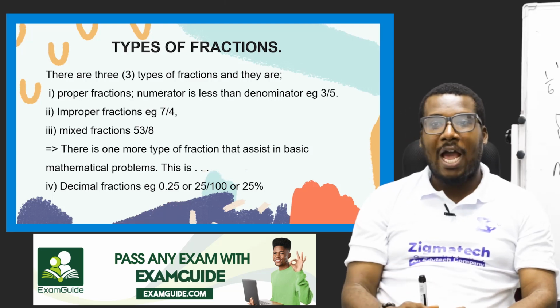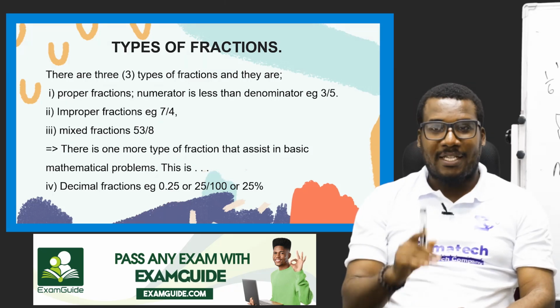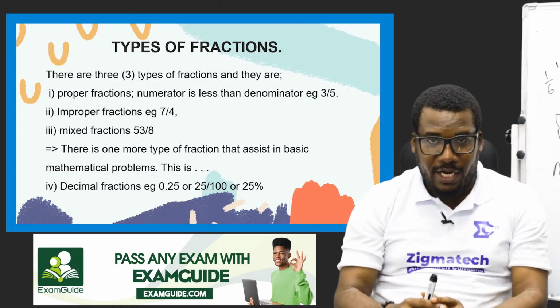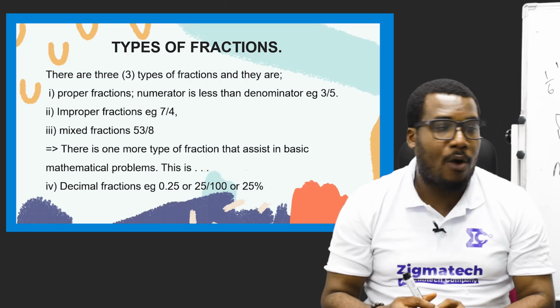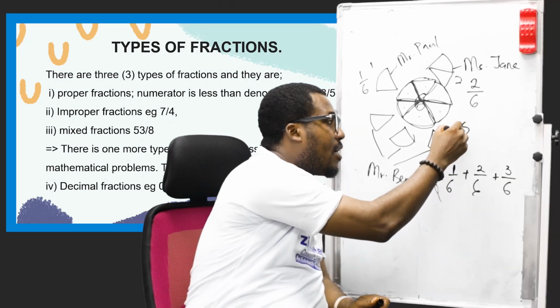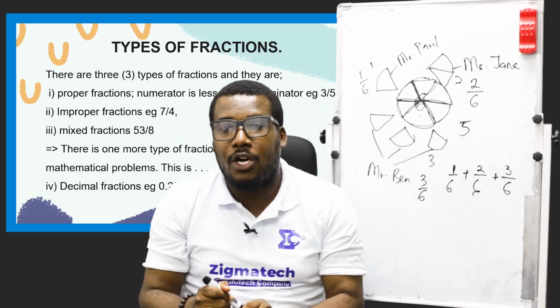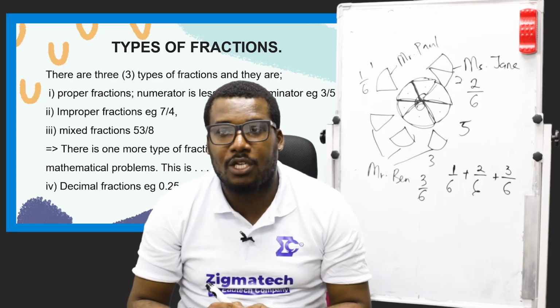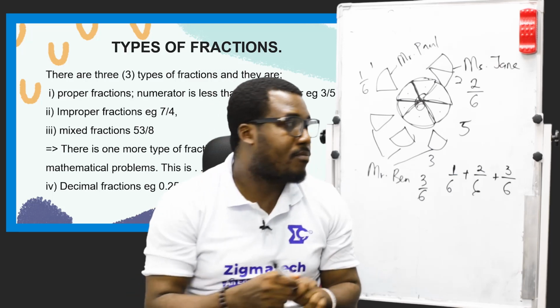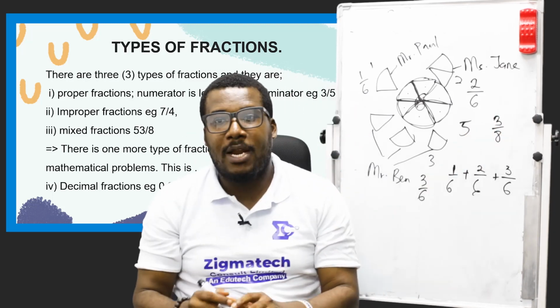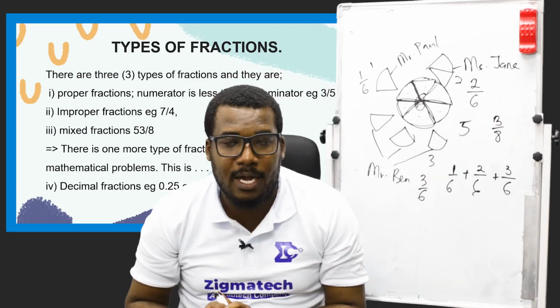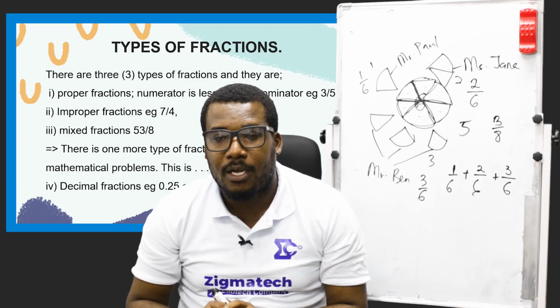In this case, we have the whole number, which is the 5, and then the fraction, which is 3 over 8. When you bring both components together, you get 5 whole number, 3 over 8.